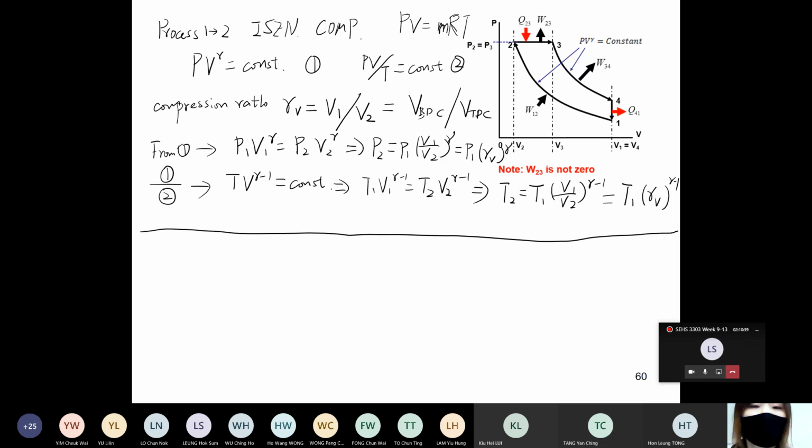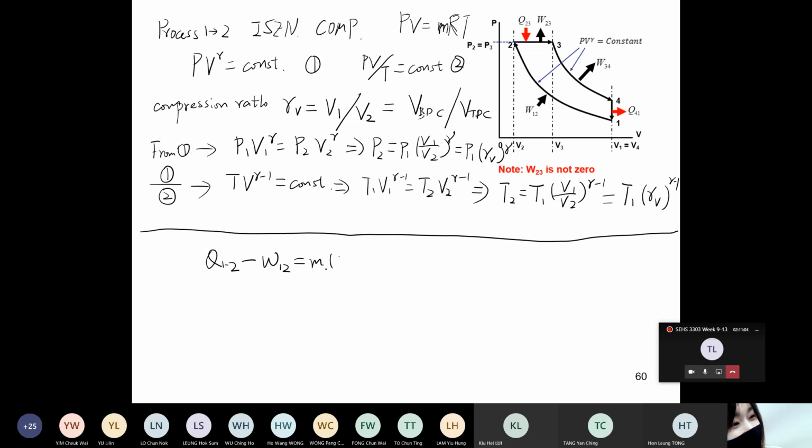We have a non-flow process. That should be the non-flow energy equation. Q equals what? Non-flow.